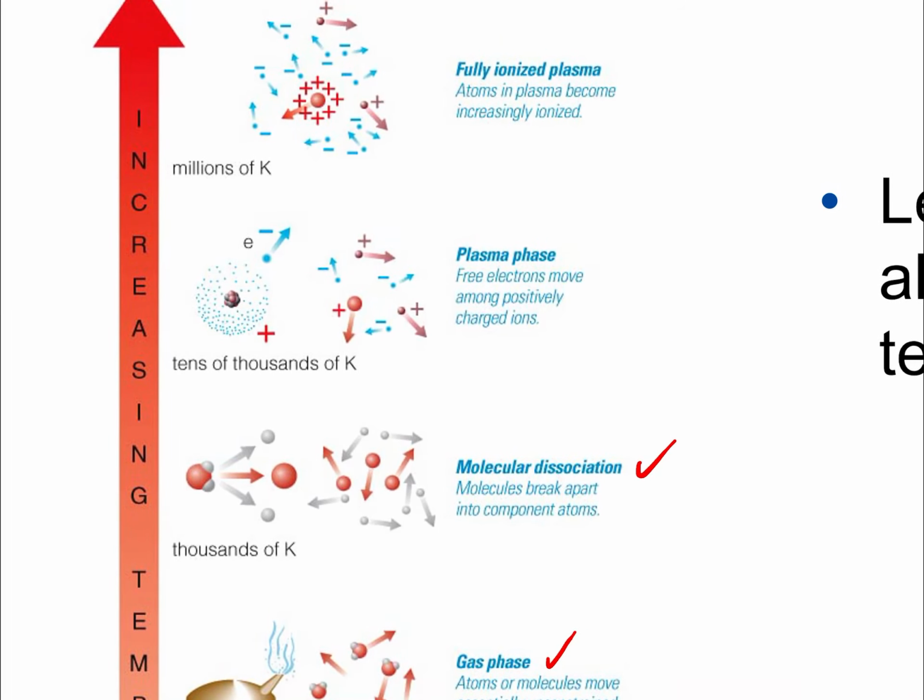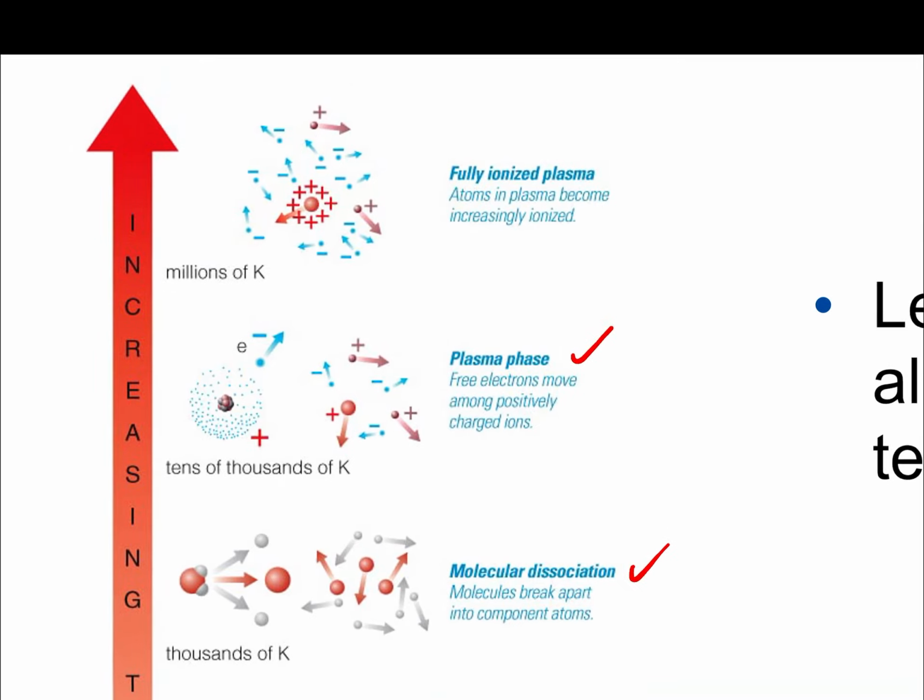If you continue to heat it up, now you just have individual atoms because they're so hot. To continue the water analogy, now just individual oxygen and hydrogen atoms bouncing around at high speed. Now these atoms themselves are bouncing around so much they lose their electrons. That's plasma. Essentially the electrons are free. All that's left behind are positively charged nuclei, or just the protons.